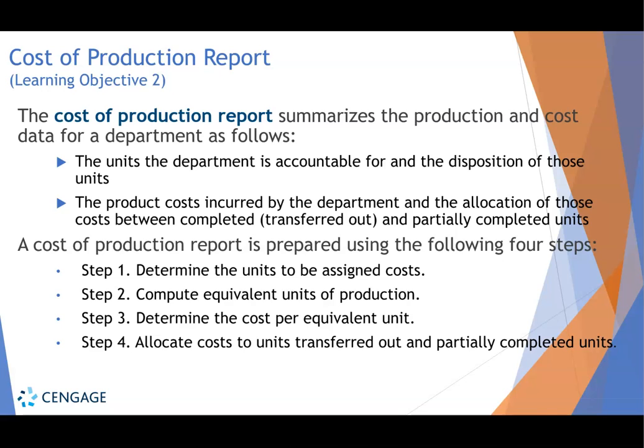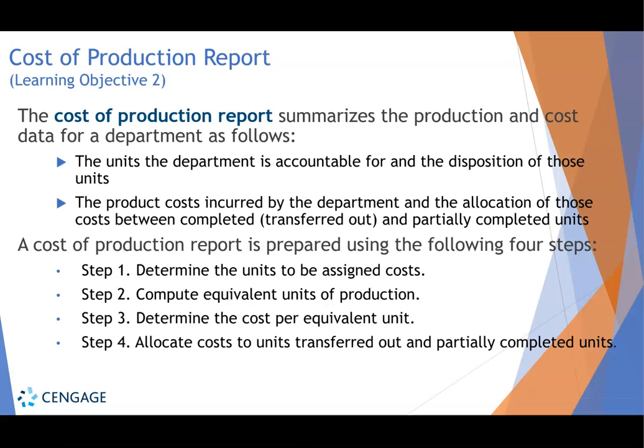We're going to have the units the department is accountable for, and then how they disposed of those units. We're also going to show the product costs incurred by the department and the allocation of those costs between the completed product and then the partially completed units.